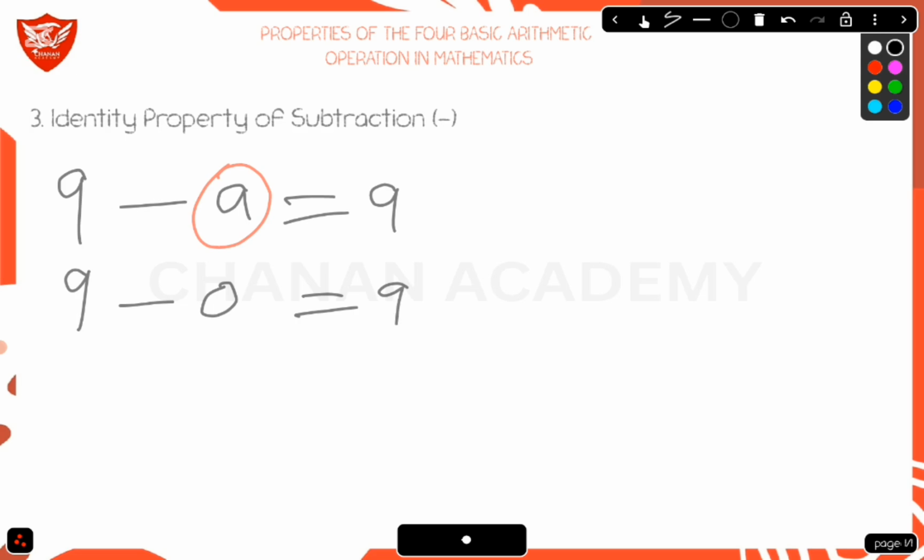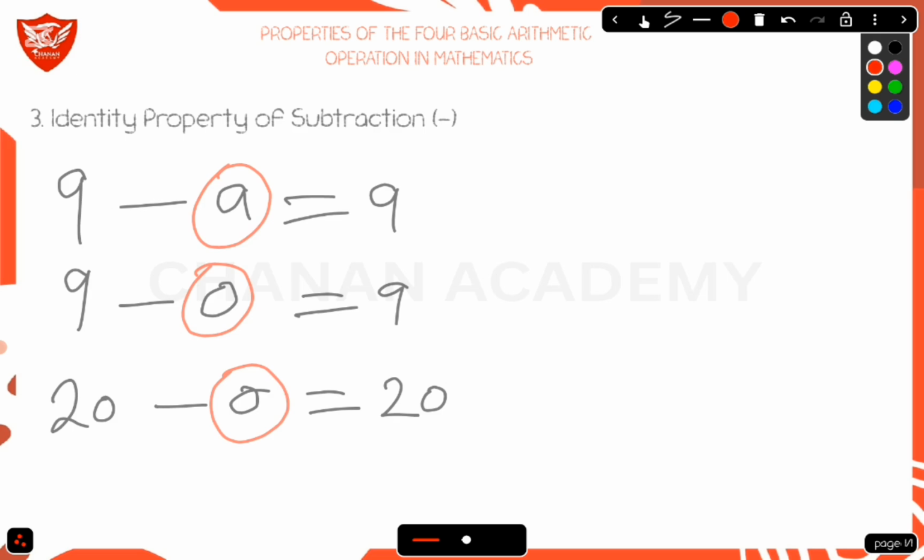Any value you subtract 0 from will give you that value. Let's say 20 minus 0, the result is still 20. So 0 is also the identity property of subtraction. If you subtract 0 from any value, you get that value.